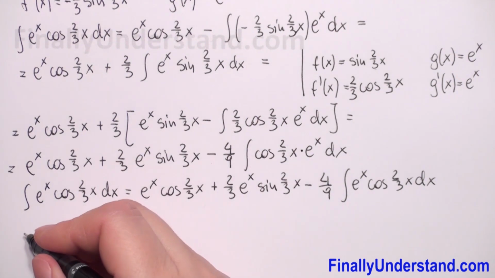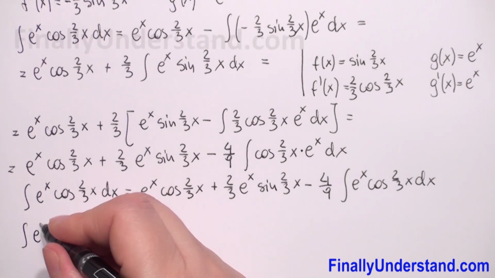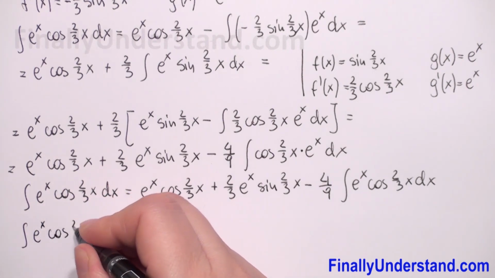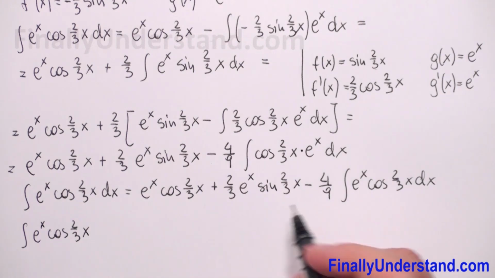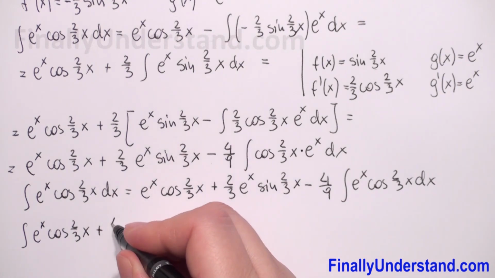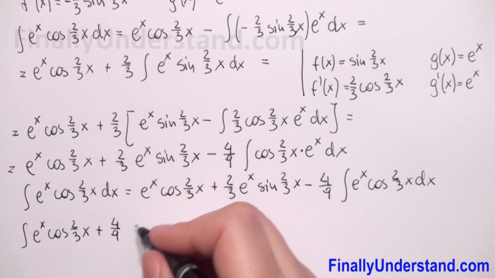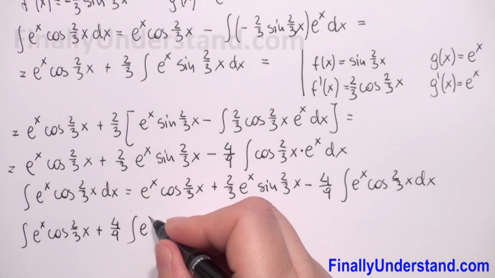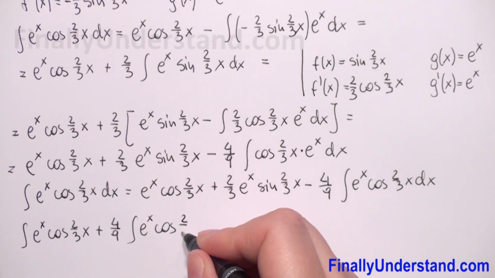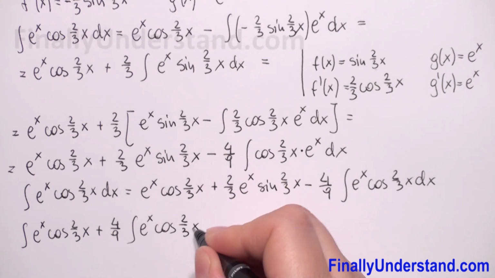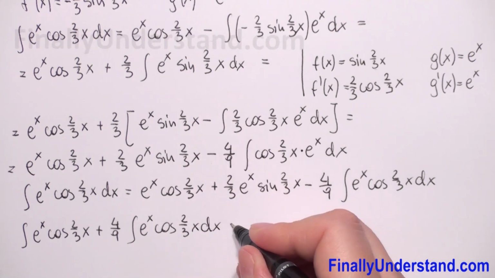So now we will have integral of e to power x cosine of 2 over 3x. We have negative, so it will be positive 4 over 9 integral of e to power x cosine of 2 over 3x with respect to x. This is equal.